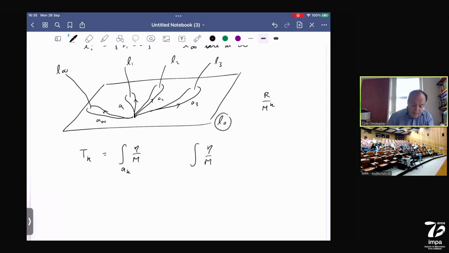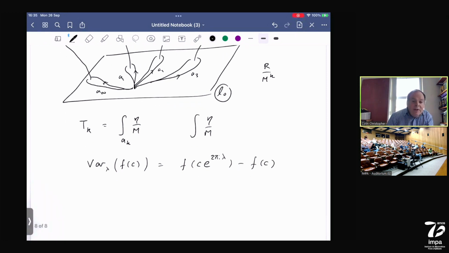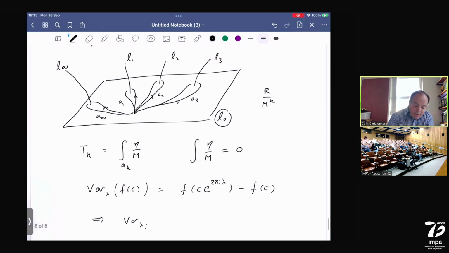What that's going to mean is, if we define a variation of lambda of some function f of c to be f of c times e to the 2 pi i lambda minus f of c, then having the integral of eta over m equal to 0 around a Pochhammer cycle implies that the variation around lambda_i of t_k is the same as the variation around lambda_k of t_i.